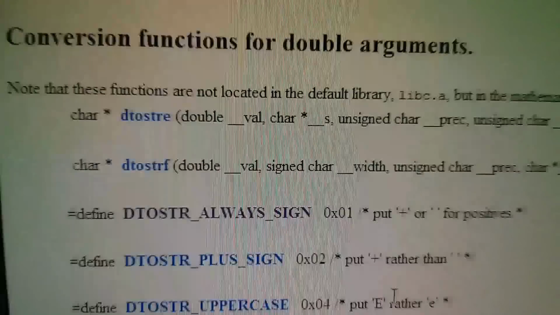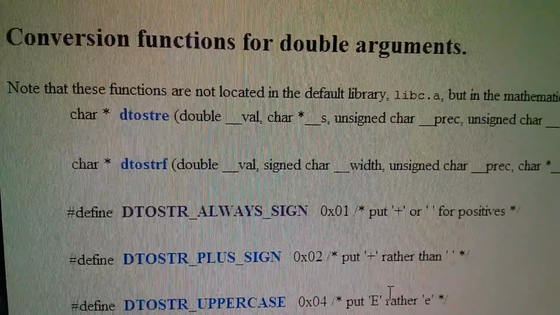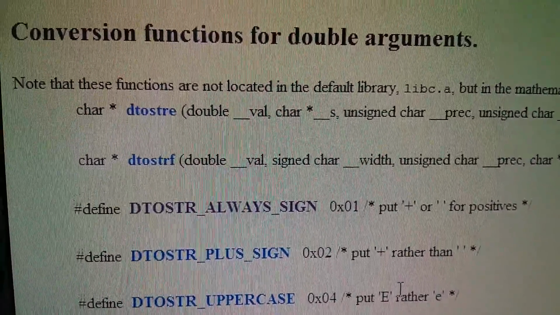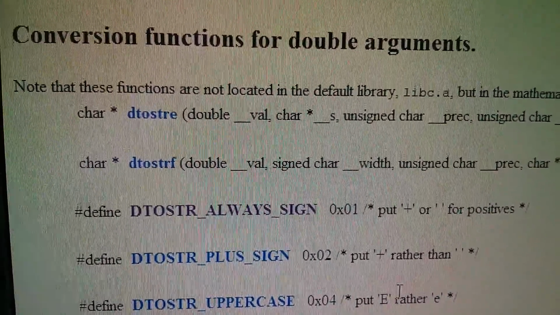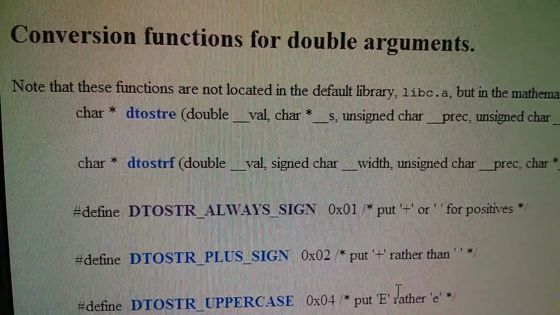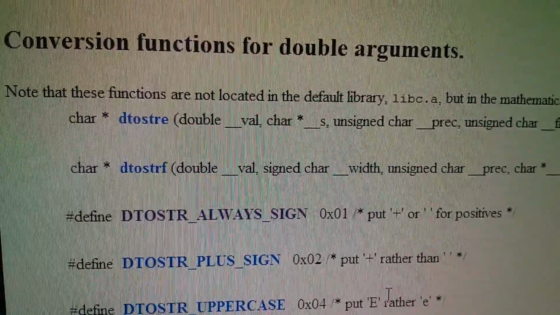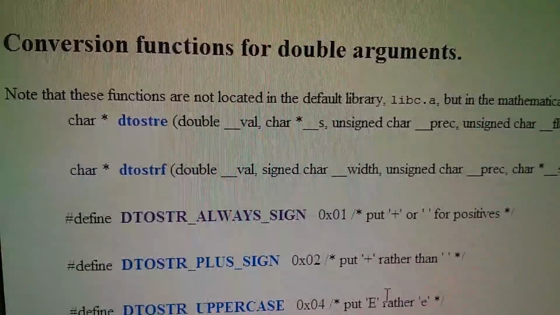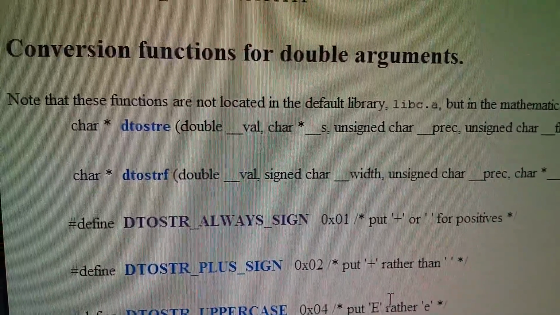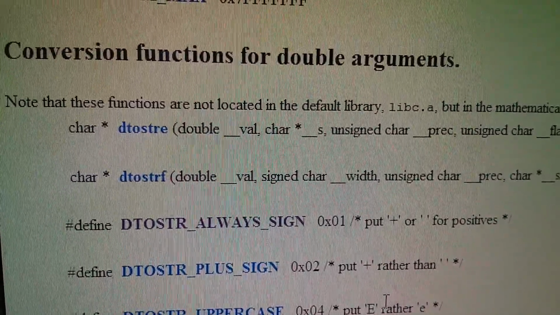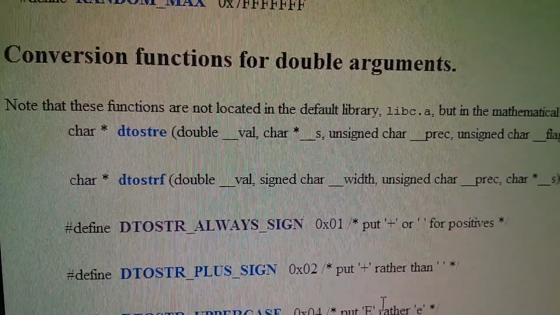So here are the conversion functions for double arguments. We've got DStringE and DStringF. If we look at the documentation further down, DStringE is with an exponent, so times 10 to the whatever. DStringF just gives you a floating point numerical value output.